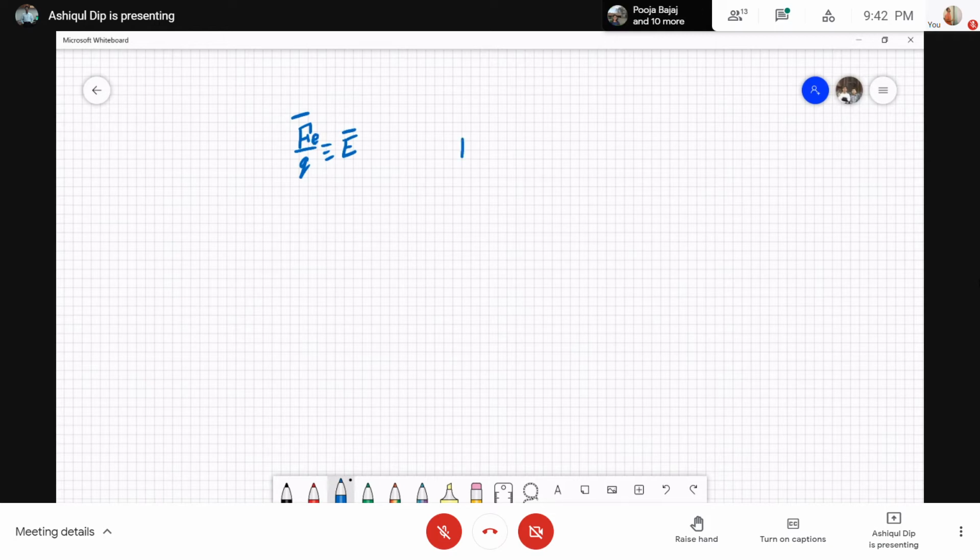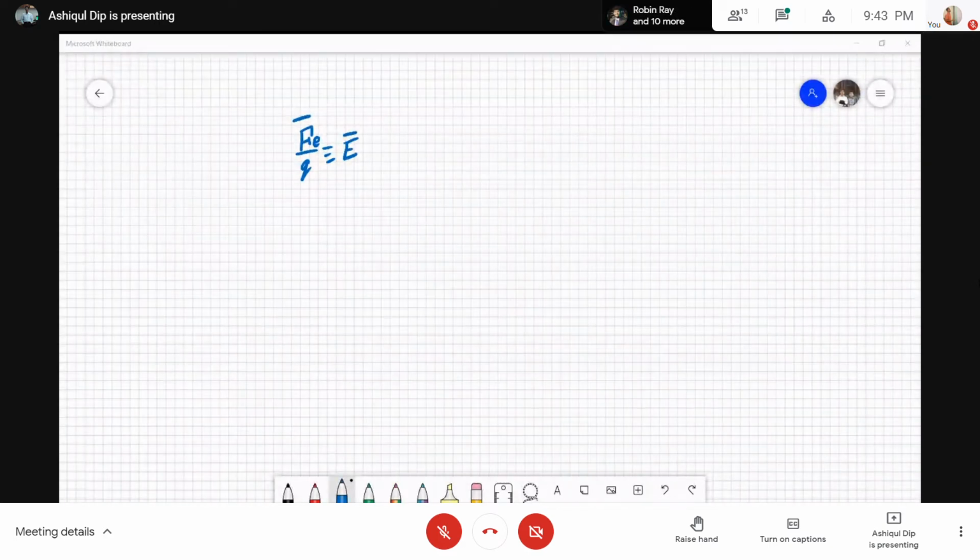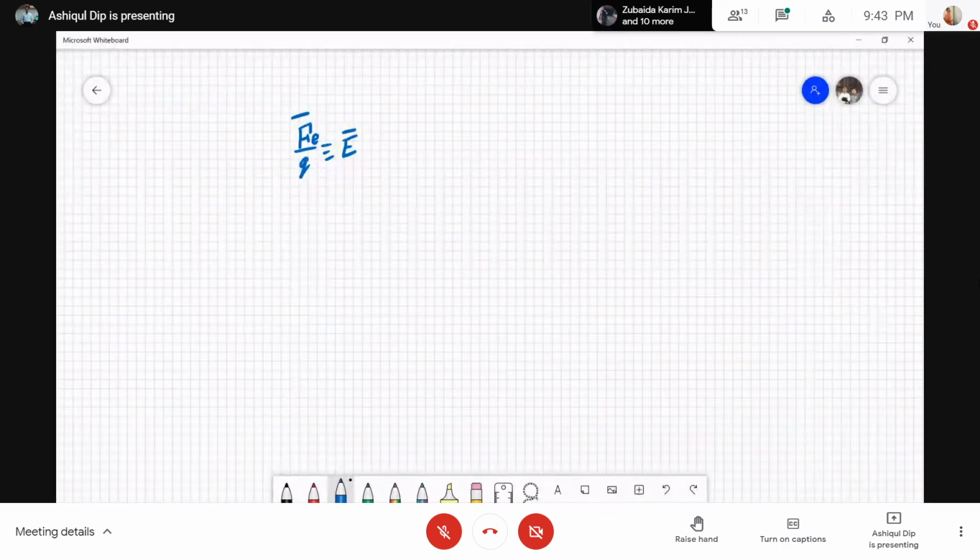What's the definition of magnetic field? How do we define our magnetic field? It's basically the same way. Magnetic force per unit charge is basically the velocity of the charge, small v, cross magnetic field.